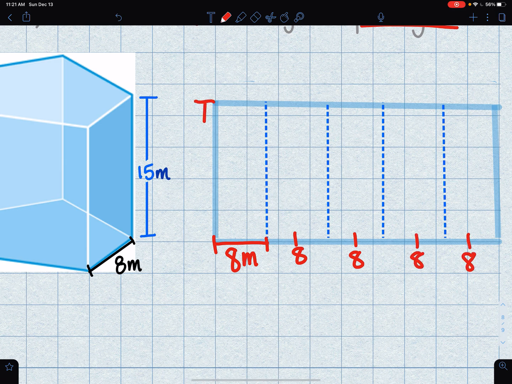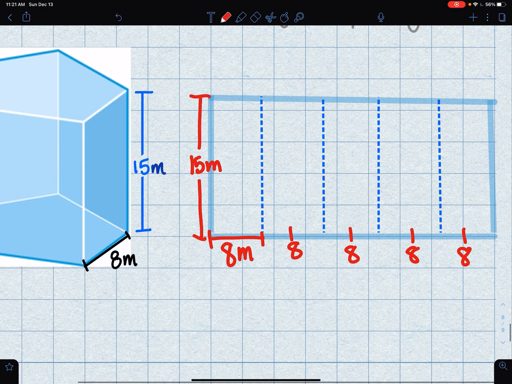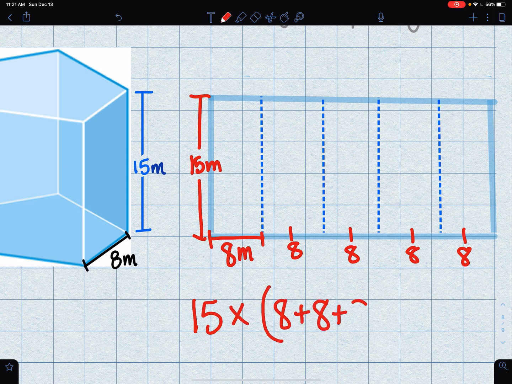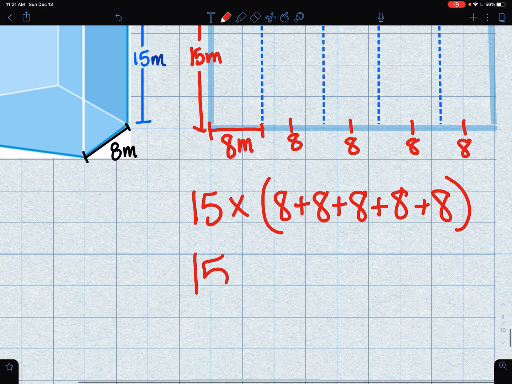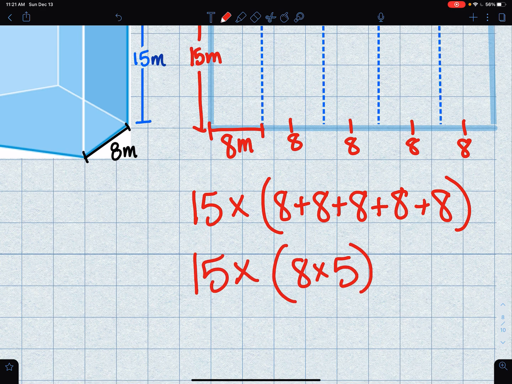Well, the height is just 15 meters. So if we're calculating base times the height, it would be 15 times 8 plus 8 plus 8. How many? There would be 5, right? Because it's a pentagon. 1, 2, 3, 4, 5. You could simplify that to 15 times 8 times 5, right? And that's how you do it.